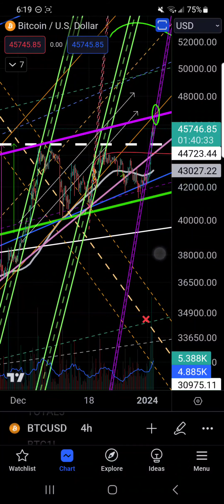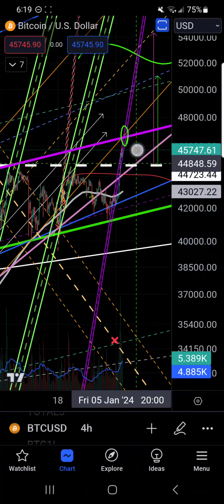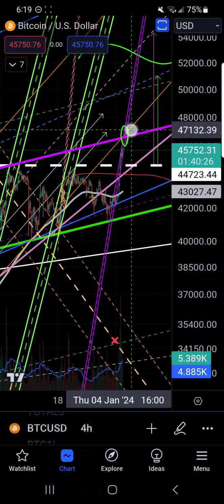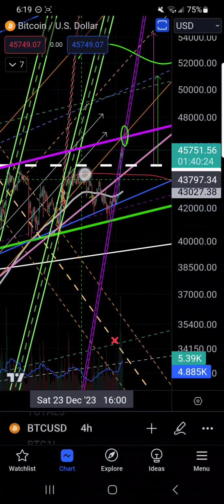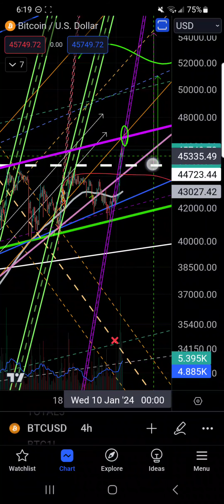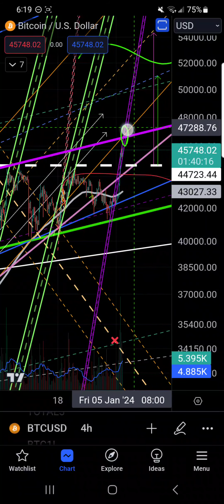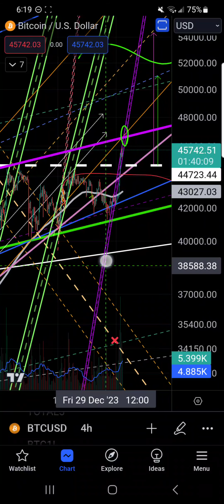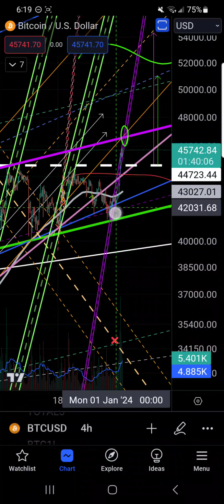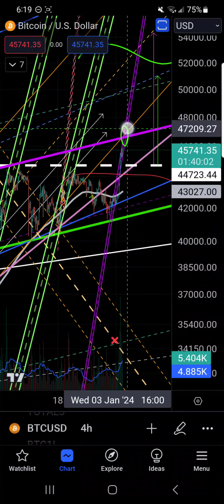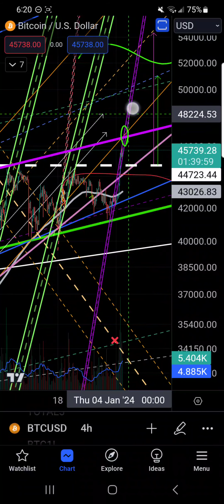So, that being said, until we break out right here where I drew this green circle, it could be argued that we are consolidating sideways in this range. So I imagine we might get a little hung up here. This is also where you see there's a purple parallel channel, which I've initially identified as the range we're trading in, and we'll zoom into that in a second.